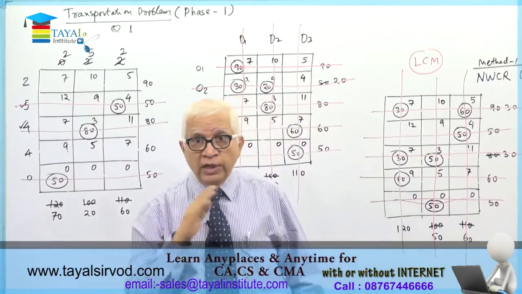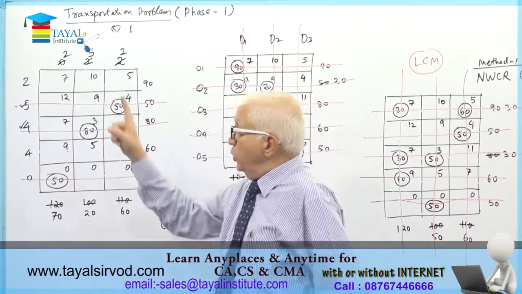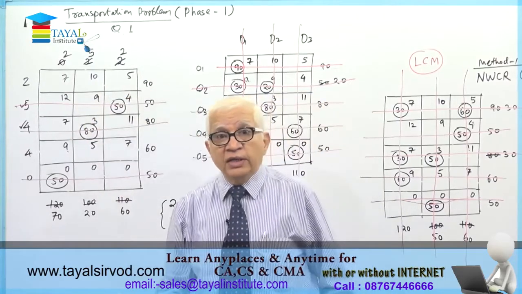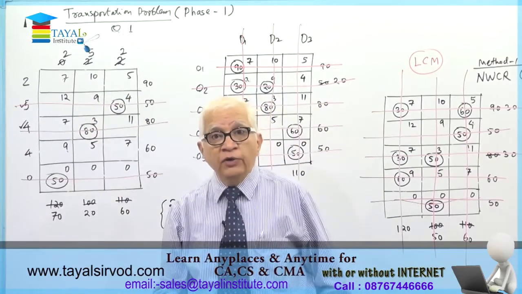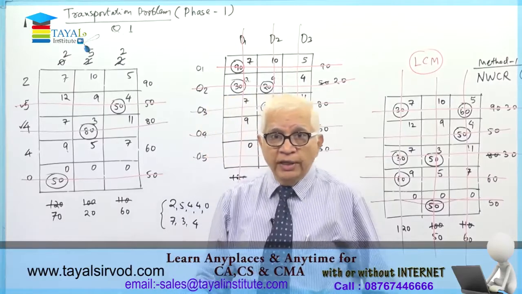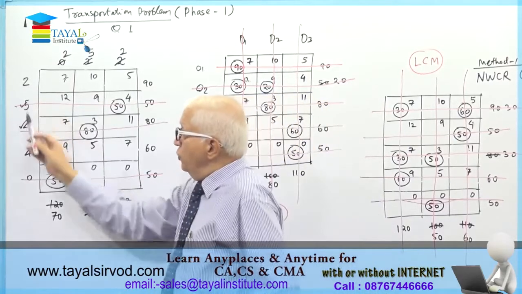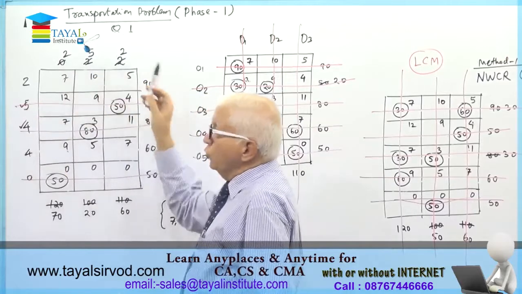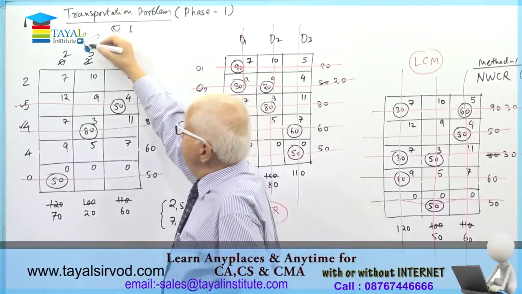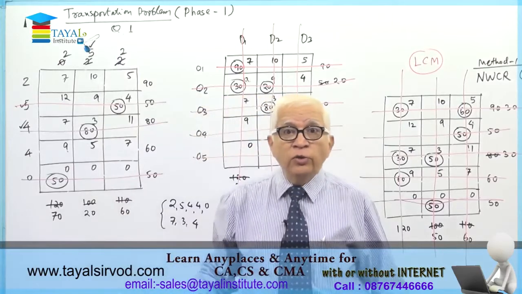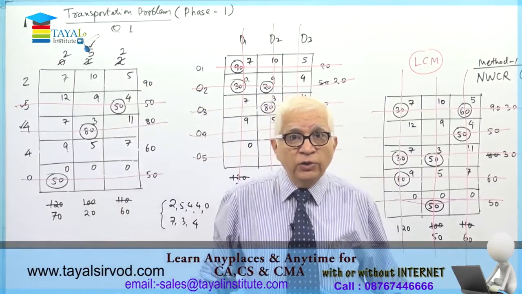So, out of row and column penalties put together, 2, 4, 2, 5, 2, the highest is 5, and that is a column penalty. Therefore, I will choose the column penalty of 5, and I am putting a tick mark on 5. That means column number 2 is what I am looking at to make my next allocation.